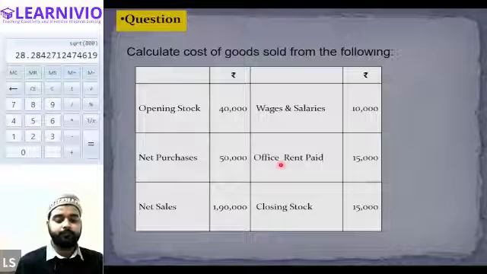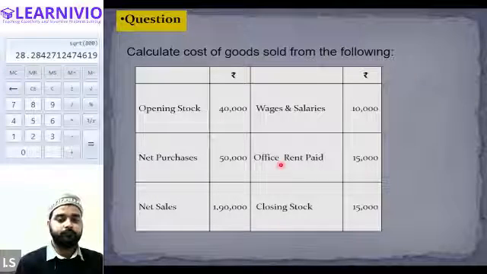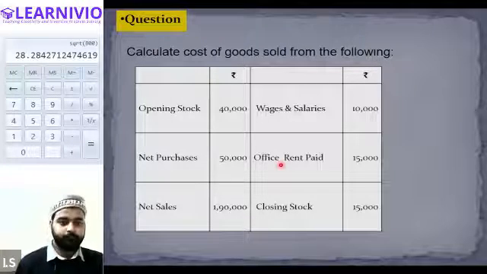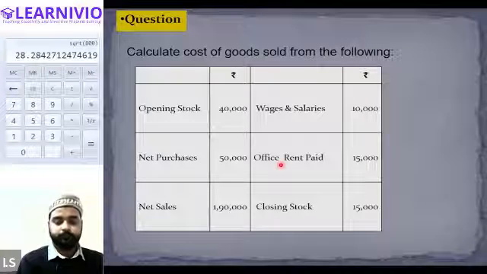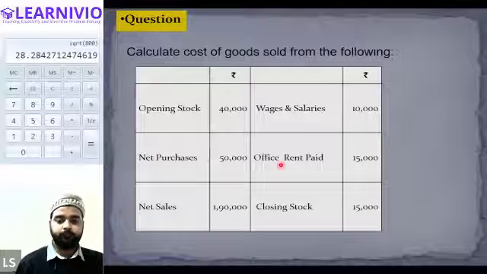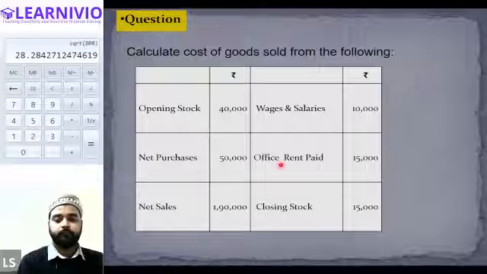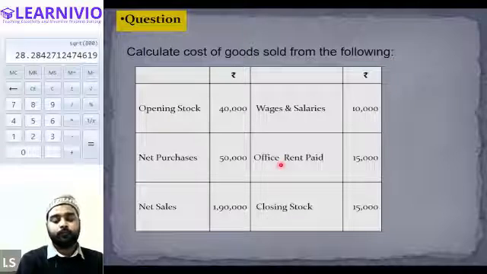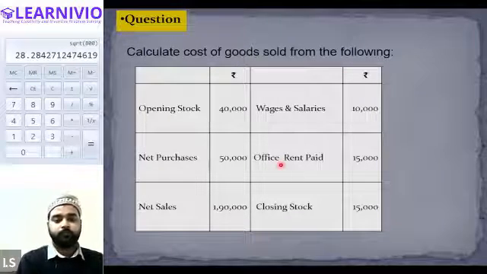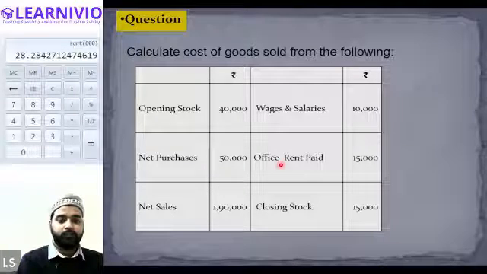Sir, it will come 85,000. 85,000. Okay. Halima? Same, 85,000. Okay, I think that is correct.